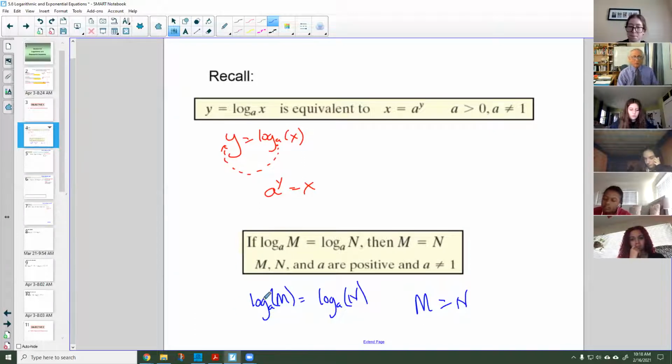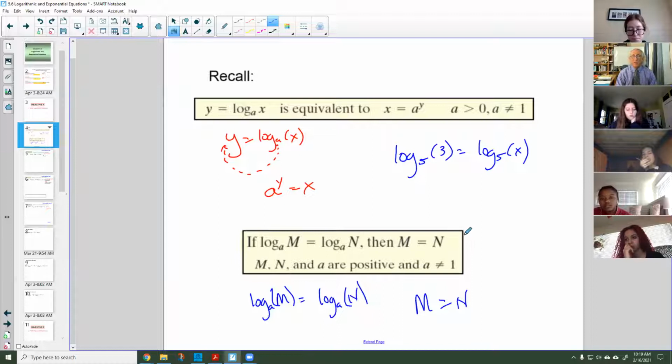If I have a straight up log of one thing and a straight up log of another thing, and they're both the same base, I can just get rid of the logarithms. It's like saying, if I have log base 5 of 3 is equal to log base 5 of x, it's pretty clear that x is equal to 3. That makes sense? Okay.